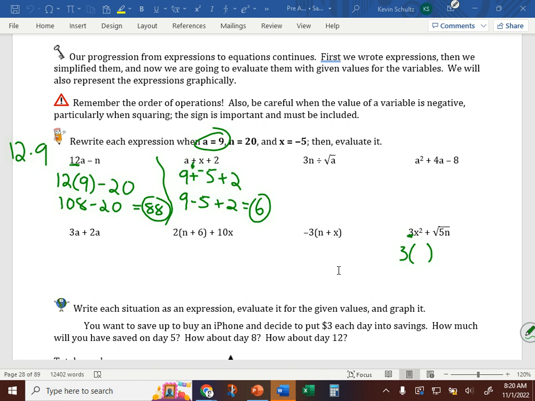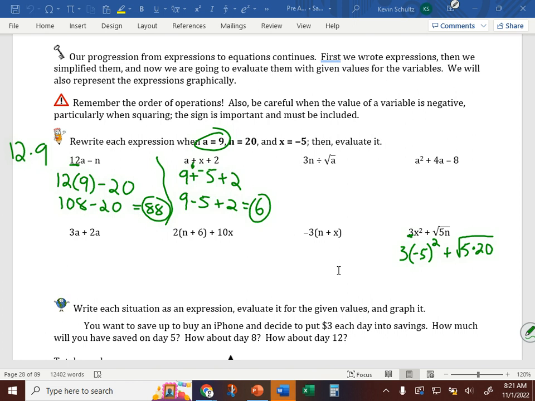Now our x value is -5, so we're going to plug in -5 for x. That gets squared. And we're adding to that the square root of 5 times n, which is 20. Notice that n is under the root with the 5.